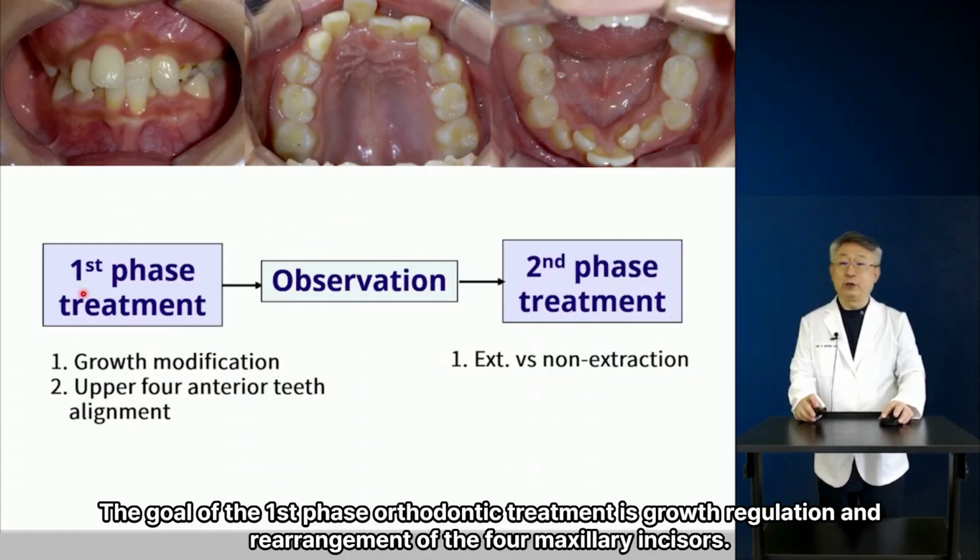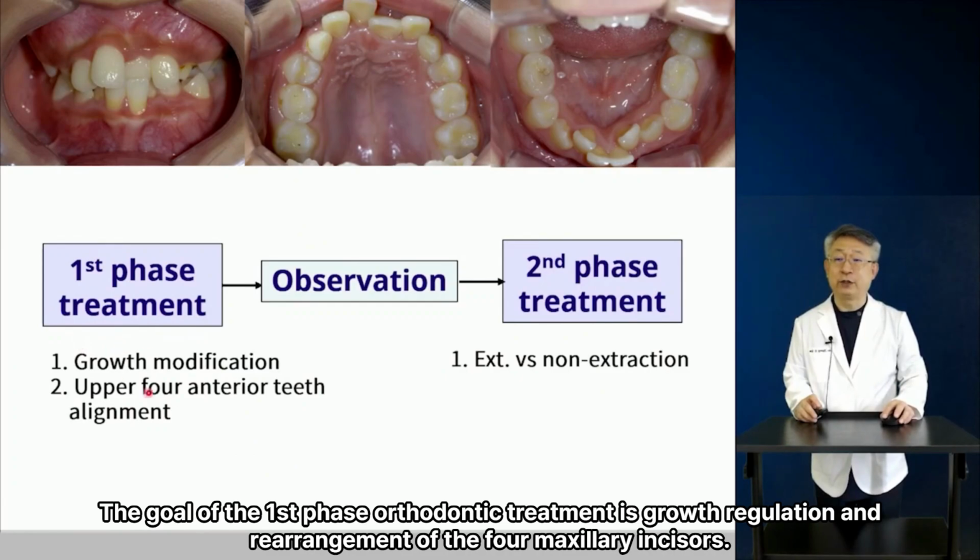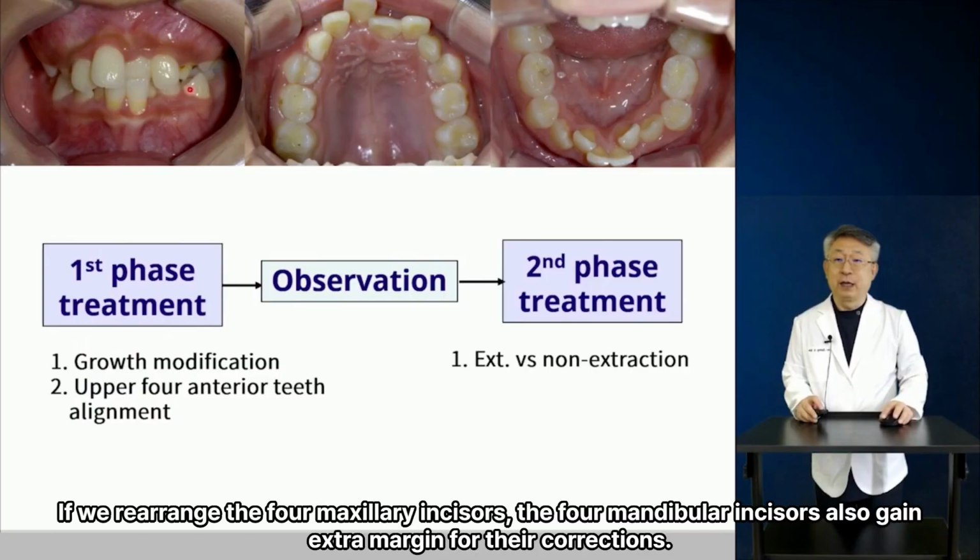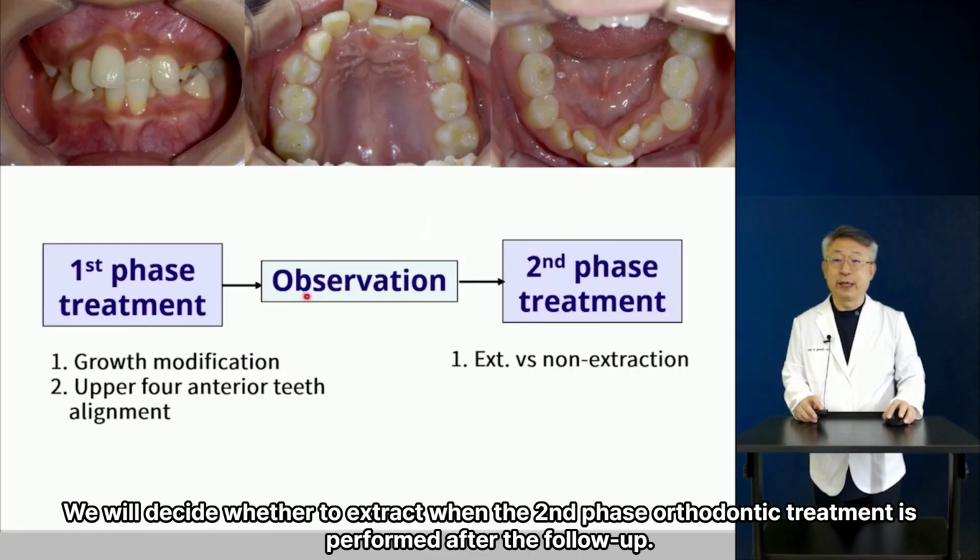The goal of the first phase orthodontic treatment is growth regulation and rearrangement of the 4 maxillary incisors. If we rearrange the 4 maxillary incisors, the 4 mandibular incisors also gain extra margin for their corrections. We will decide whether to extract when the second phase orthodontic treatment is performed after the follow-up.